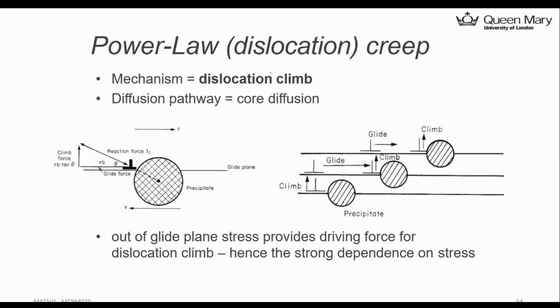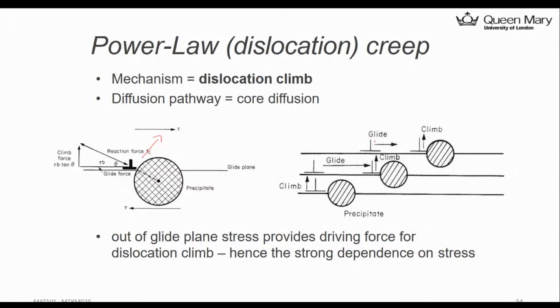Basically, if you have an obstacle, normally in metal you have some precipitate, something like a particle, and your atoms are trying to do these dislocations, but they cannot because the particle blocks them. Then essentially they will find another way to overcome it, basically going up, like the video shows, which is climb.